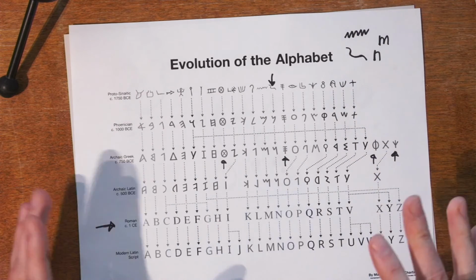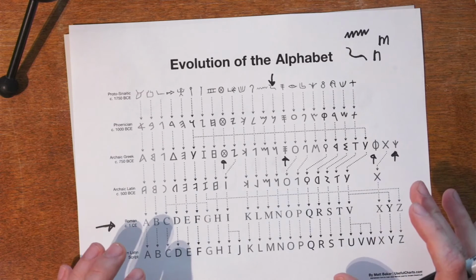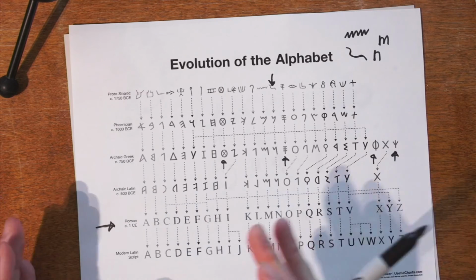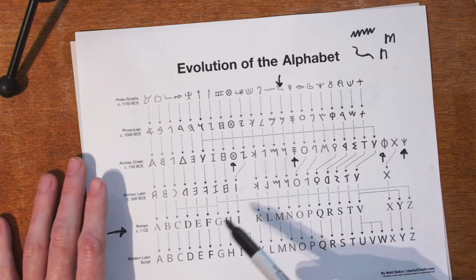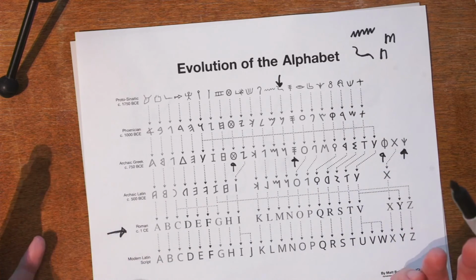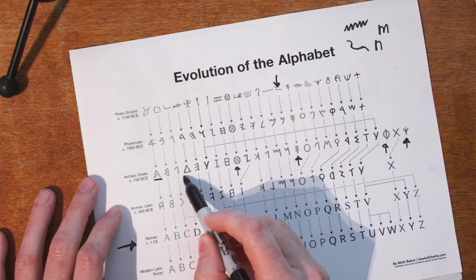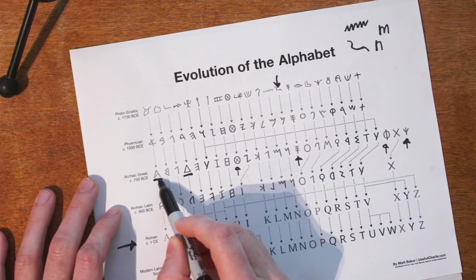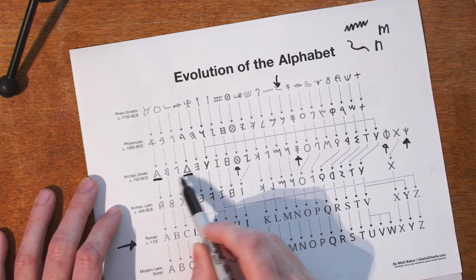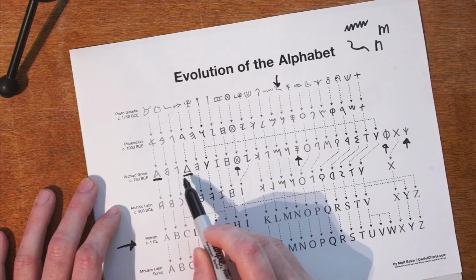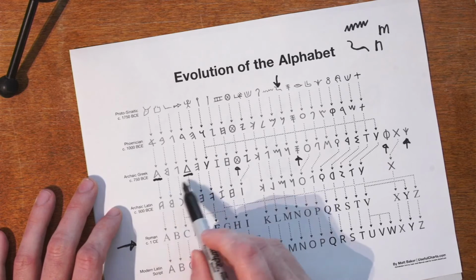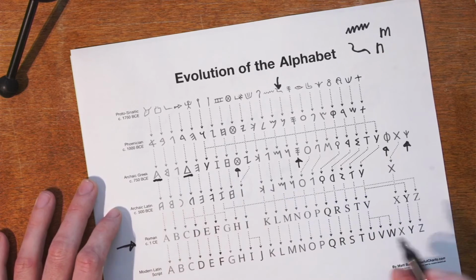So think not only of this evolution as a language versus alphabet, but also as an alphabet versus just getting it done, right? This character here in Archaic Greek and this character here, right? These two are very similar. If you write these really, really fast, you may have trouble differentiating them.